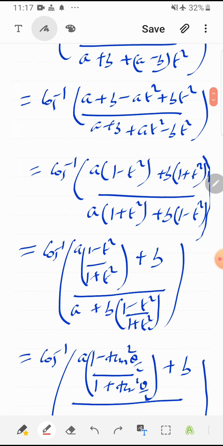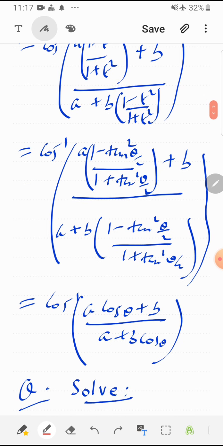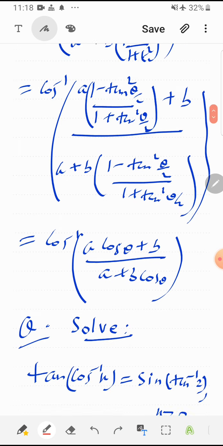Now resubstituting t as tan theta by 2, it is clearly the formula of cos 2 theta. Now here the angle is theta by 2, so its double is theta, so this expression can be written as cos theta. So hence the required result: this is equal to the right hand side.